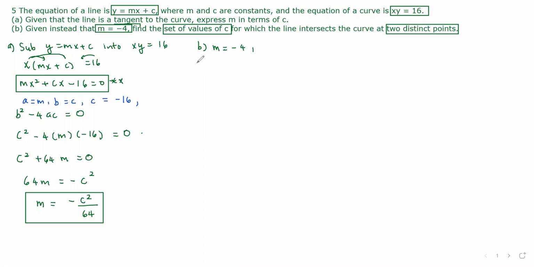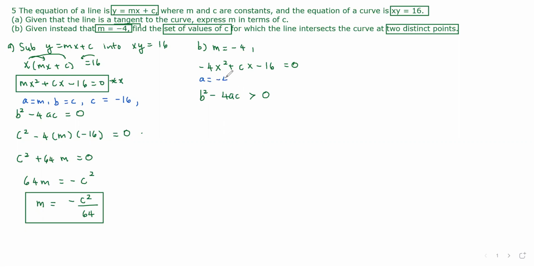So you have negative 4x squared plus cx minus 16 equals 0. Given that the line intersects the curve at two distinct points, this quadratic equation has two real roots. The discriminant b squared minus 4ac must be greater than 0 in this case.